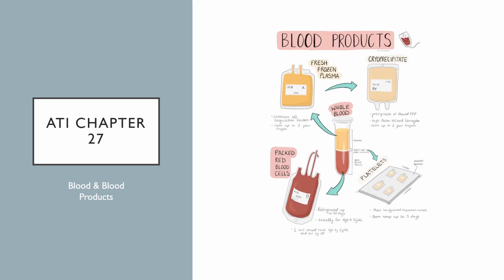We don't use this very much anymore because we now have synthetic clotting factors to replace the absent clotting factors in hemophilia. So in hemophilia A, it's clotting factor 8. In hemophilia B, it's clotting factor 9. So we have synthetic factors to replace them. So cryoprecipitate isn't used as much anymore. The other ones are used very frequently.